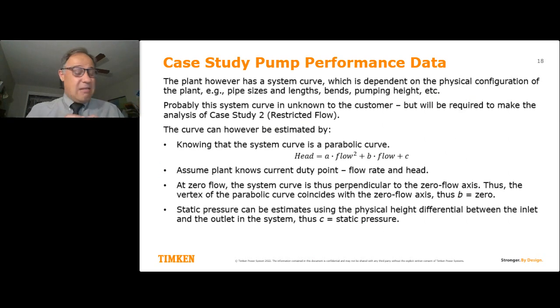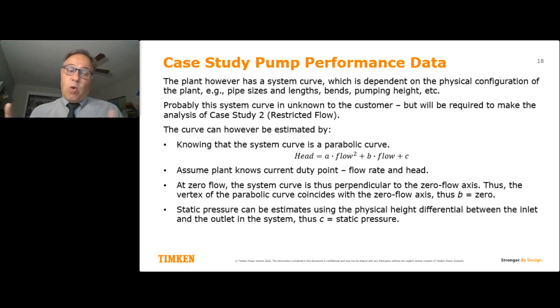Now, the problem is, in most cases, the customer does not know what the system curve is. We know that this curve is a parabolic curve, and we know that it will have a specific flow rate and a specific head at the duty point. The current duty point, the customer will know, we can easily measure: that's my flow rate, that's my pressure.